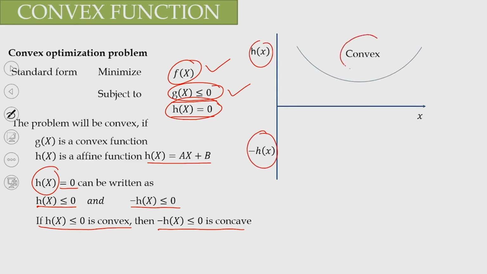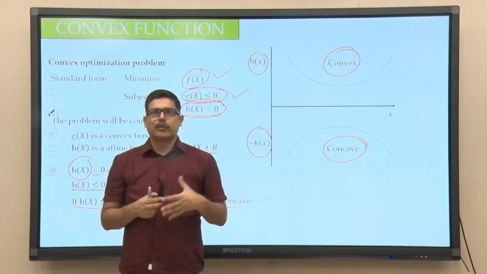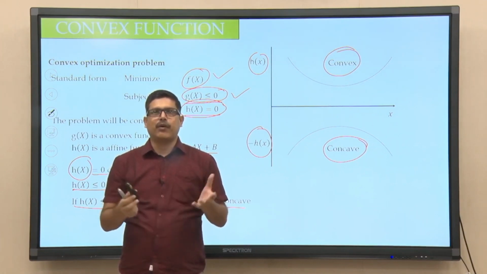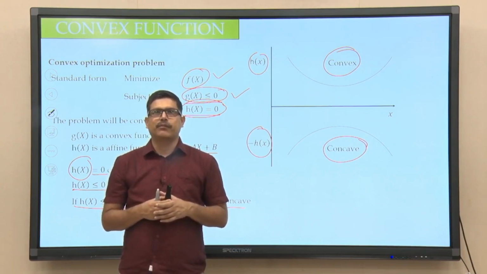If this is a convex function, then this will be a concave function. Therefore, the problem will be a non-convex problem. So, if you have an equality constraint in your problem and the constraint is non-linear, in that case your entire problem will be a non-convex problem.